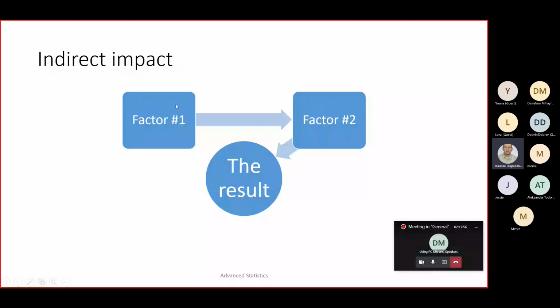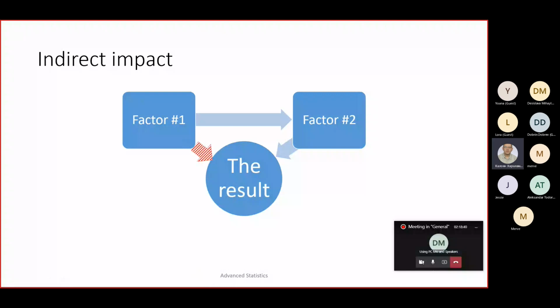So the relation between factor 1, in our example education, and the result, salary, exists, but this relation is not direct. If we test the hypothesis for a relation between factor 1 and the result, there will be a relation, but it is an indirect relation.